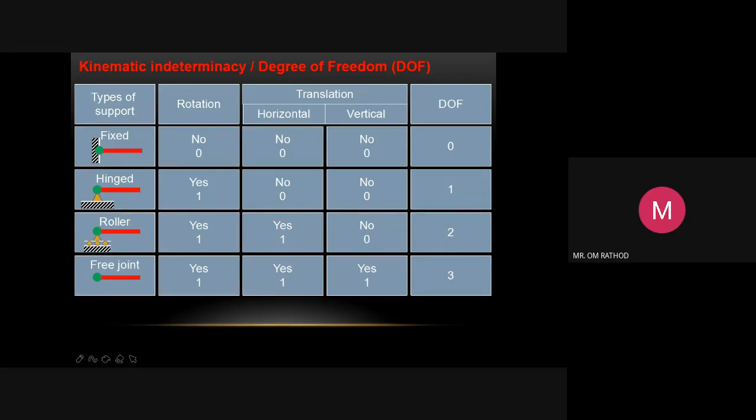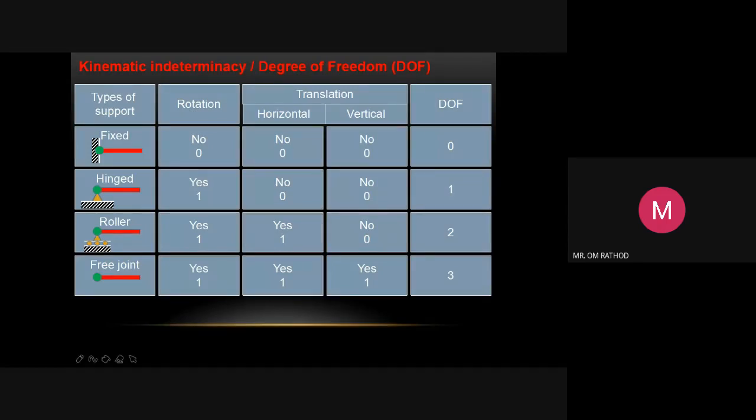Now, in the case of the fixed support, there are 3 reactions acting at a fixed support. So the degree of freedom in the case of fixed support is 0, because there is no rotational displacement along z, no translation along x, no translation along y.